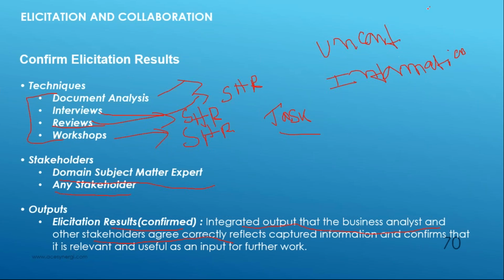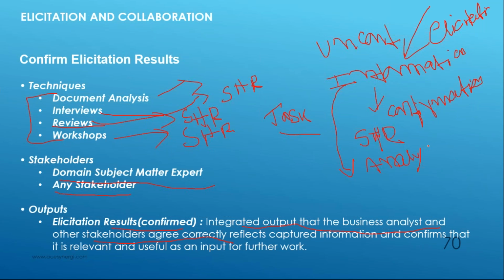After you have got the information from the elicitation that you conducted, that information is subjected to confirmation, and you get that confirmation done by the stakeholders so that there is no inconsistency or ambiguity. Now, this elicited information will be further subjected to analysis in another knowledge area, which we refer to as requirements analysis and design definition.